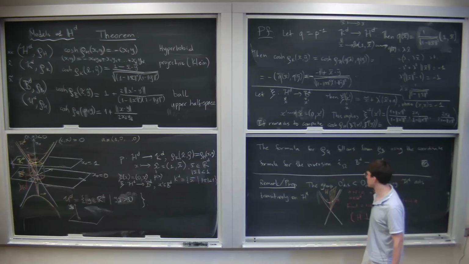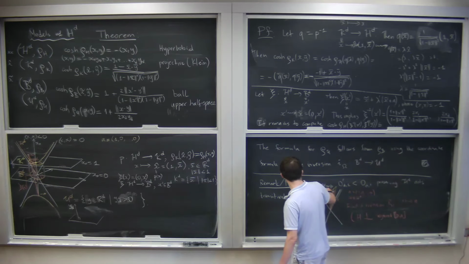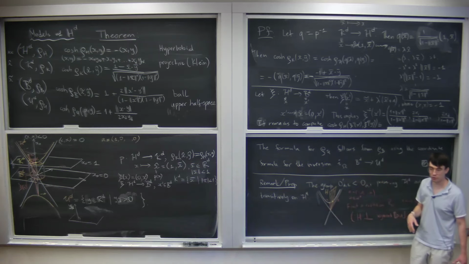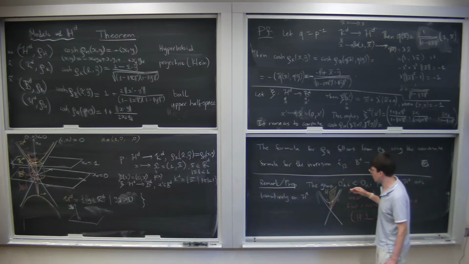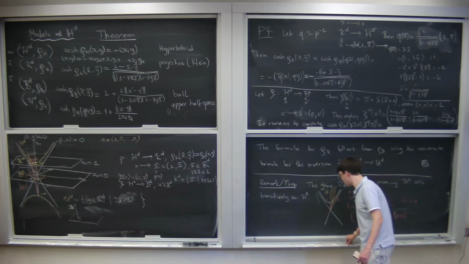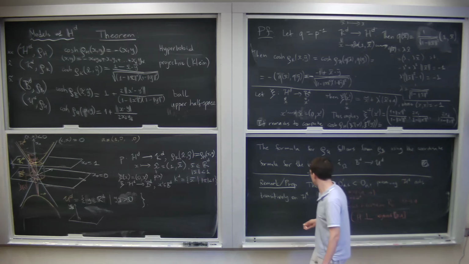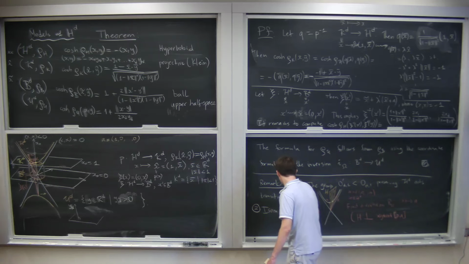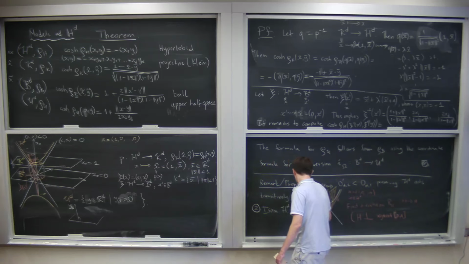Then another remark is that this group is generated by hyperplane reflections. In fact, this proves part 1, and part 2 is that the isometry group of the hyperbolic space HD is isomorphic to O prime D1.